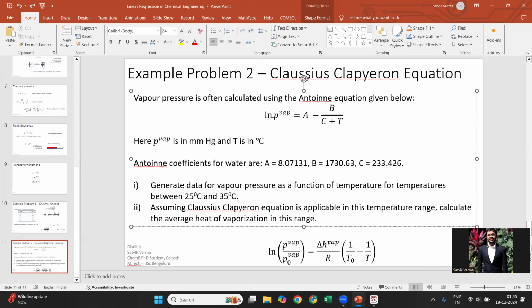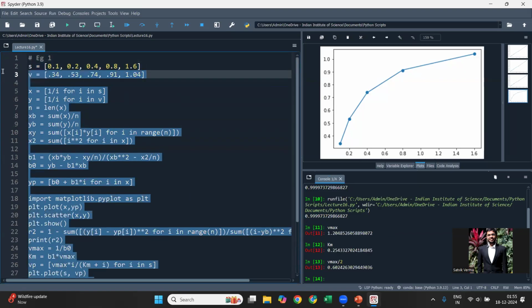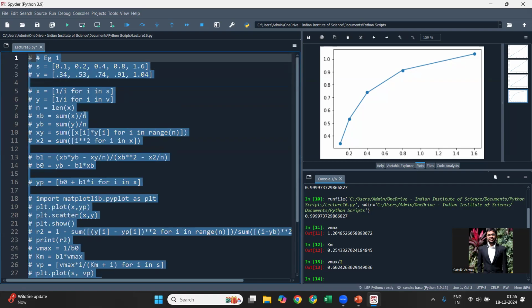Okay, so now we have the Antoine coefficients. The first part of the problem is to generate data for vapor pressure as a function of temperature for temperatures between 25 and 35 degrees Celsius. So let's do that. Over here, I'll comment out the first example.